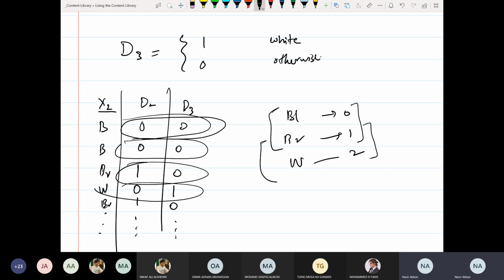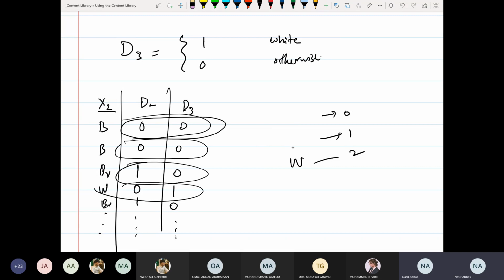When you convert to numbers, you are saying that the difference between black and brown is equal to the difference between brown and white. So converting a categorical variable into numbers, you can't use the numbers' properties. There are different properties of numbers linked with the scale of measurement. If you go to Google and search for the scale of measurement, you will get this point. Okay, thank you.